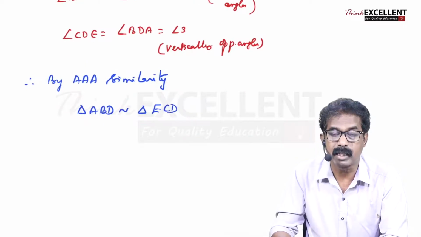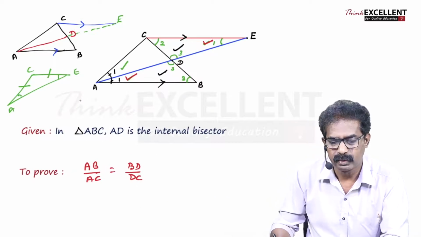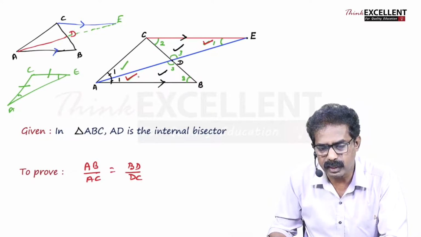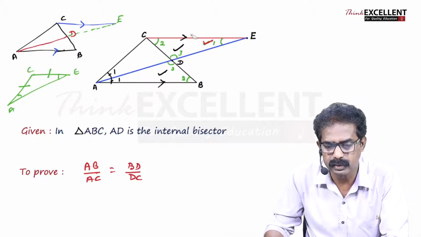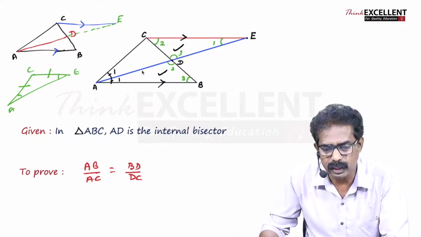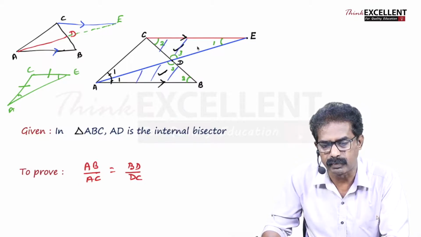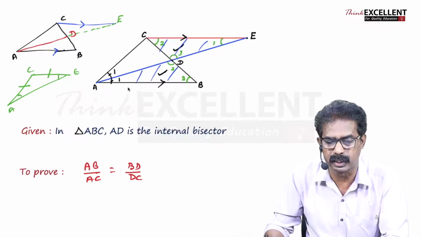So you know the corresponding sides are proportional. What you need we take, okay? These are the two triangles, this triangle and this triangle. We proved they are similar. So you can say the corresponding sides are proportional, right?